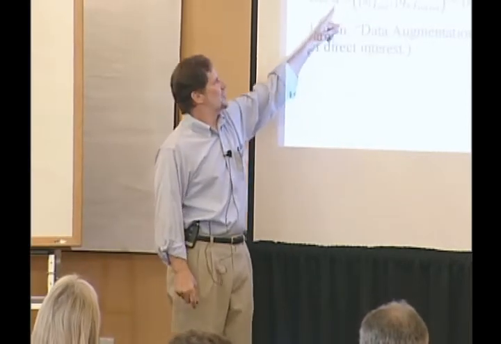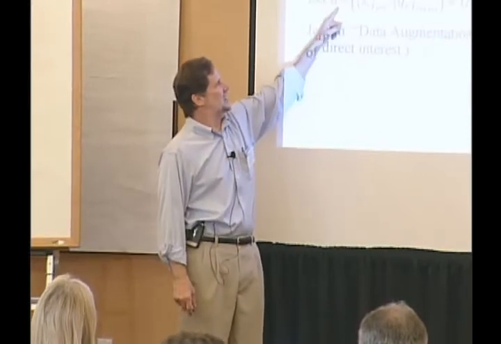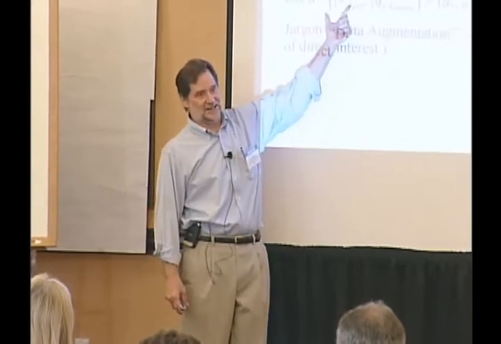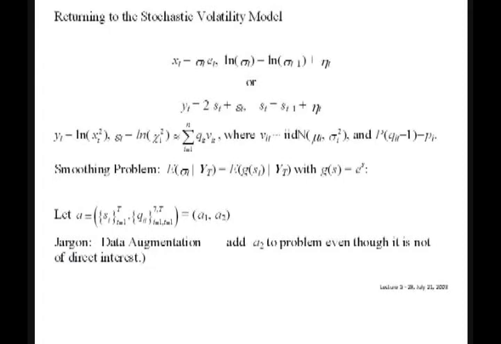This is the density I want to draw from, but I'm going to add some other variables that are useful for making these draws. Those variables are these Q's, these 0, 1 variables saying which normal I'm drawing from.